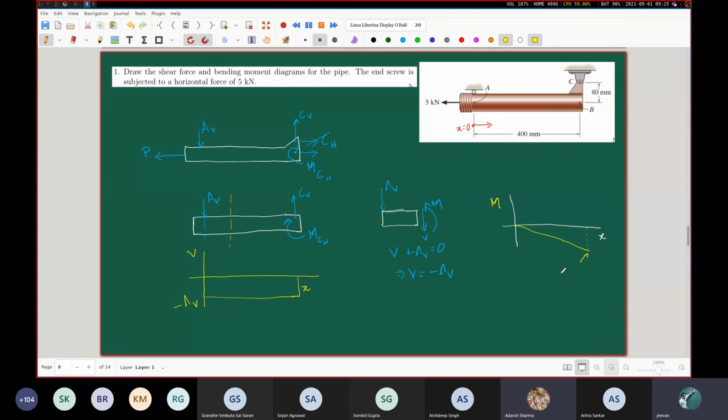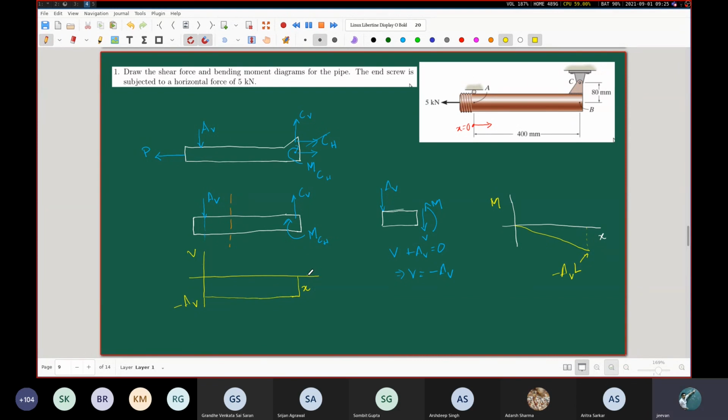I mean, so what I wanted to say was minus AV into L. Okay, so this entire length is L, that is given as 400 millimeters, all right, but this is the AV force, okay. All right, so that's it basically.